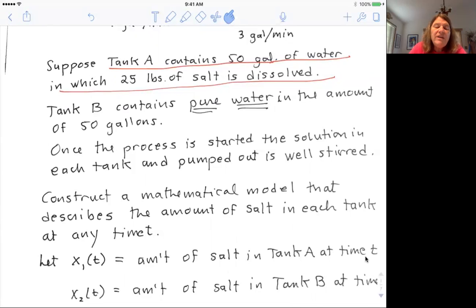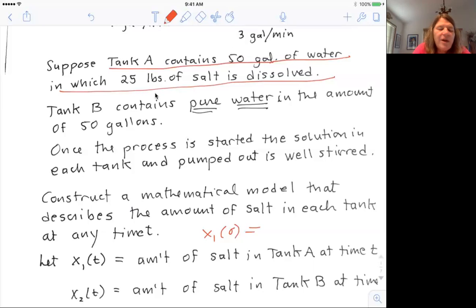Now, one thing we know about that from what we were told initially is that x1 at time 0 was equal to what? How much salt was in the thing when we began, guys? This is the beginning of the problem. So what is x1 of 0 equal to?